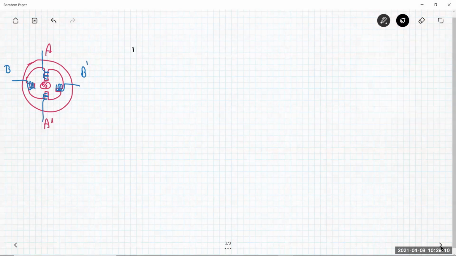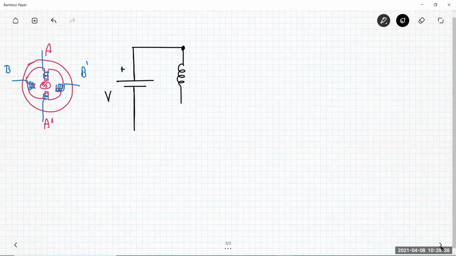So I have a voltage source that I call V. This voltage source is provided to the phase A, to the center terminal of the phase A. So the phase A has 2 windings here.